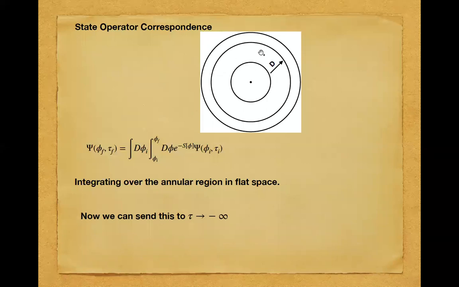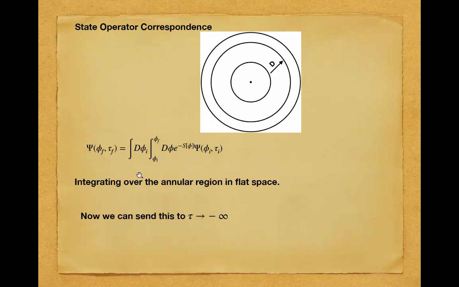These are the standard path integrals that we do, but this is schematic, of course. Suppose you have some scalar field, then basically you are integrating over all the scalar field configurations in this region, satisfying the boundary condition that the field configuration on the inner boundary is given by phi I, and on the outer boundary it is given by phi f, okay?